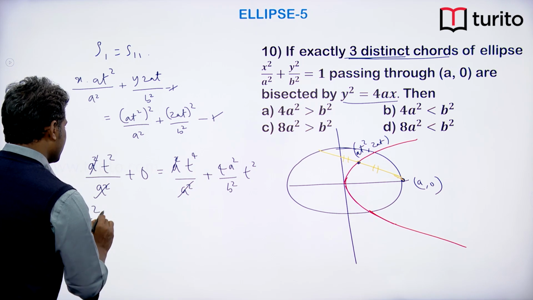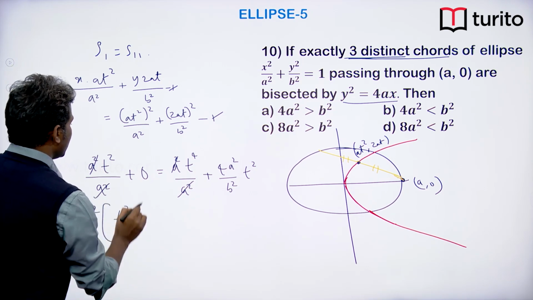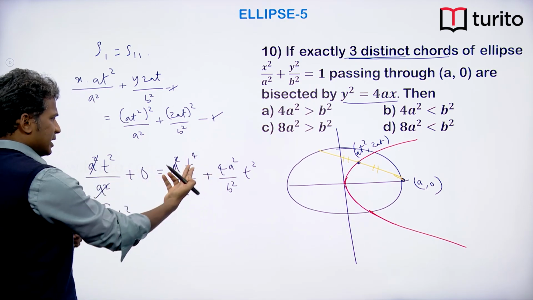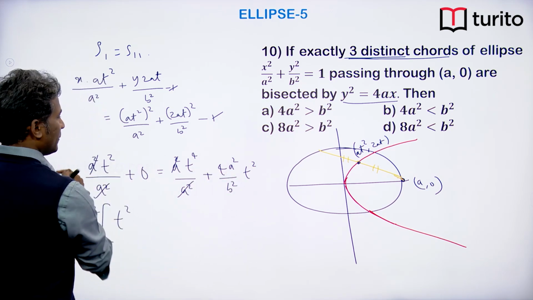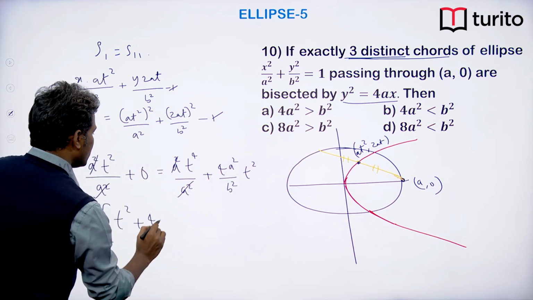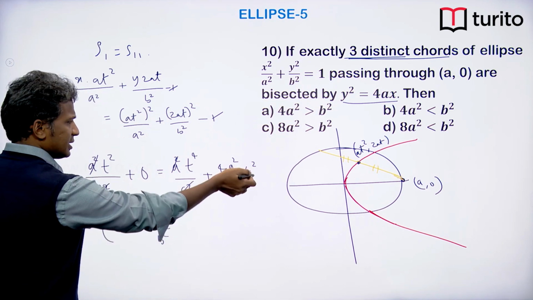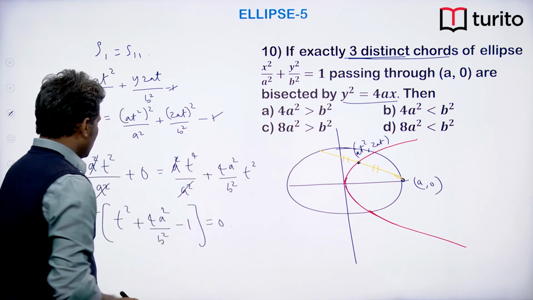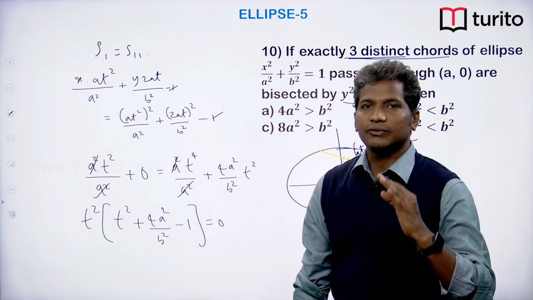So, when I take t square common and simplify the remaining terms, taking everything to the RHS, from t power 4, t square is taken common, so t square is left. From here also t square is taken common and what are the terms that are left? 4a square by b square, and when this t square comes to the right side, we will get minus 1. Now, this is an equation which looks like a polynomial in terms of t.